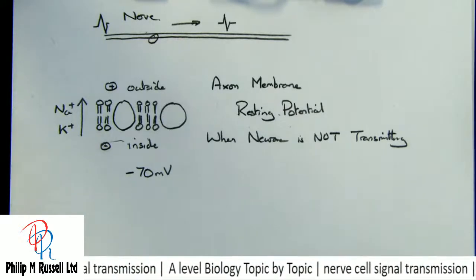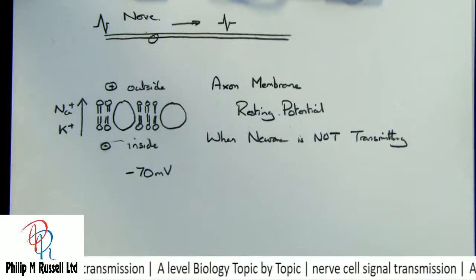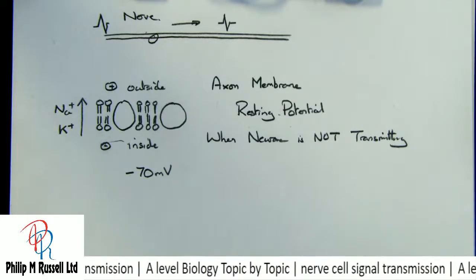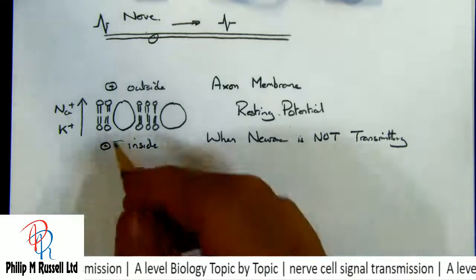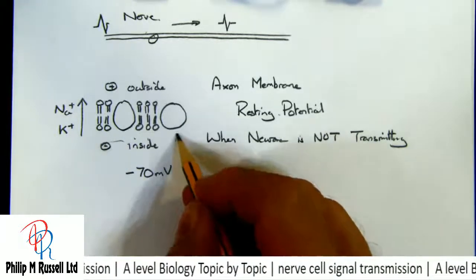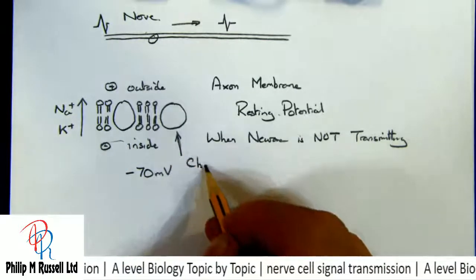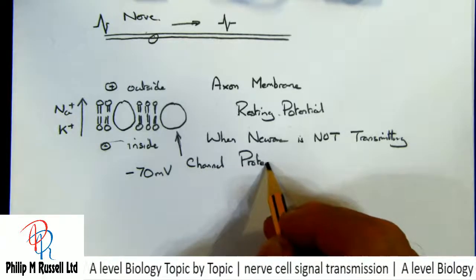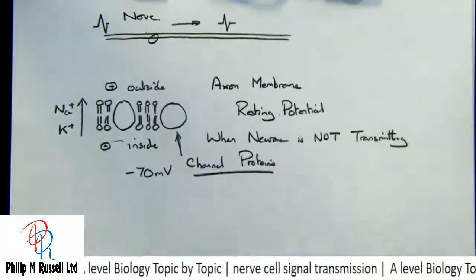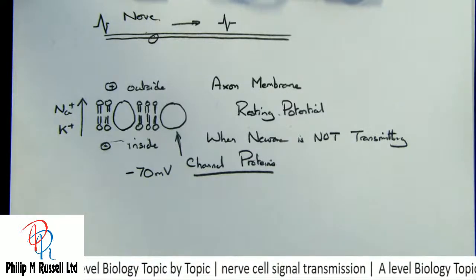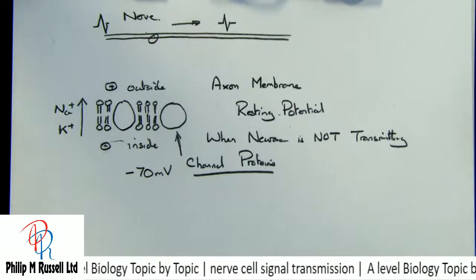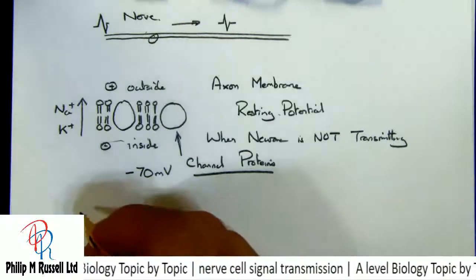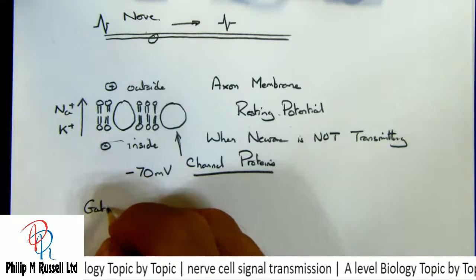The phospholipid bilayer prevents these ions from diffusing across the membrane, and so we have to use special proteins, and we'll call these channel proteins. Some of these channels are described as being gated.